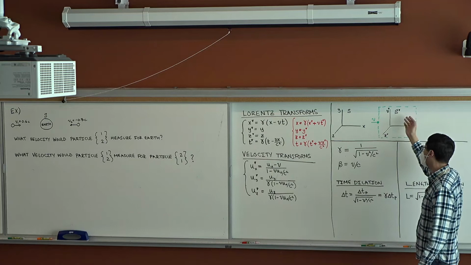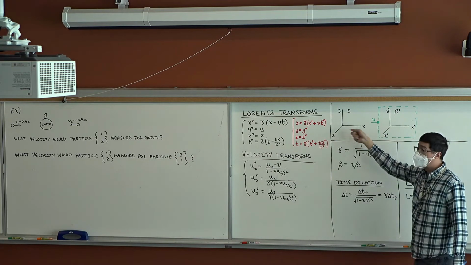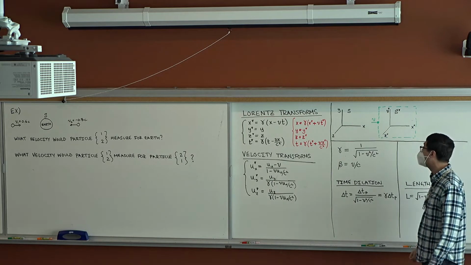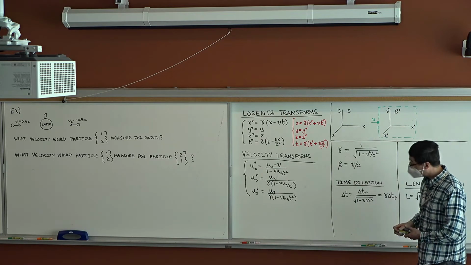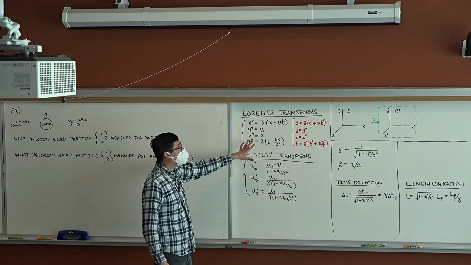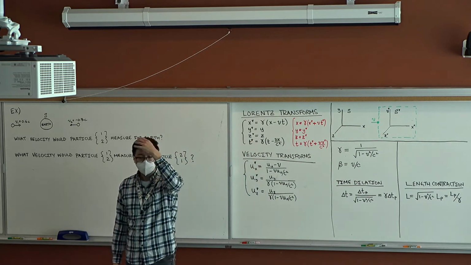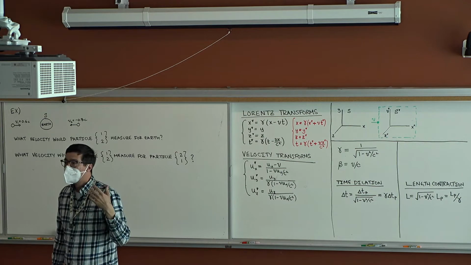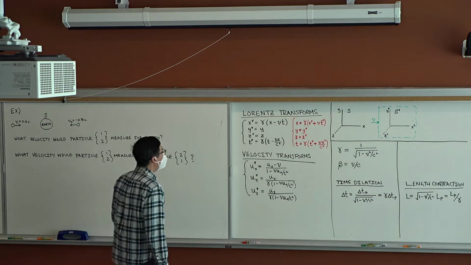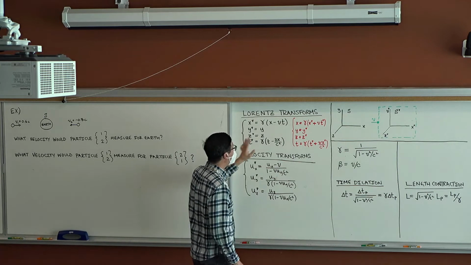Coincidentally, or not coincidentally, I suppose, S prime would say that S is moving in the negative x prime direction with speed v. Then the Lorentz transforms give us the ability to compare measurements the same way the Galilean transforms did.